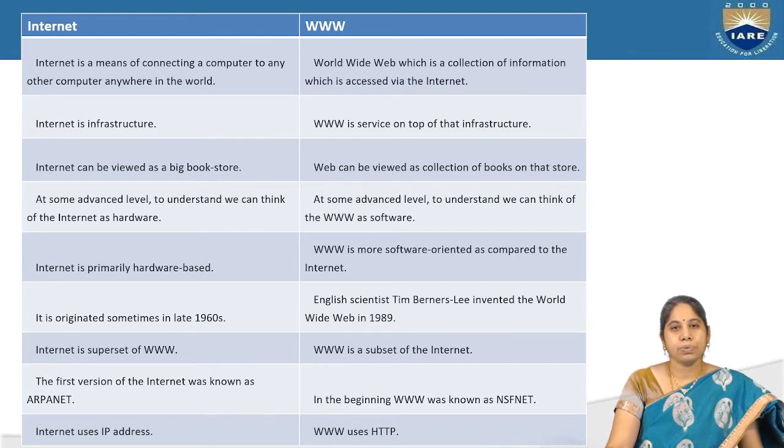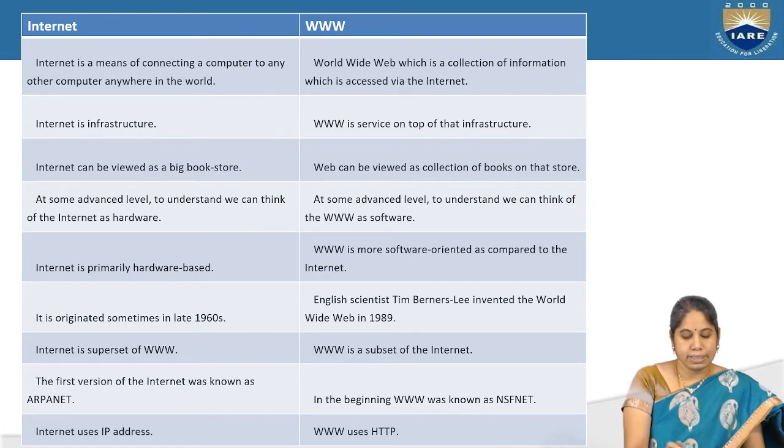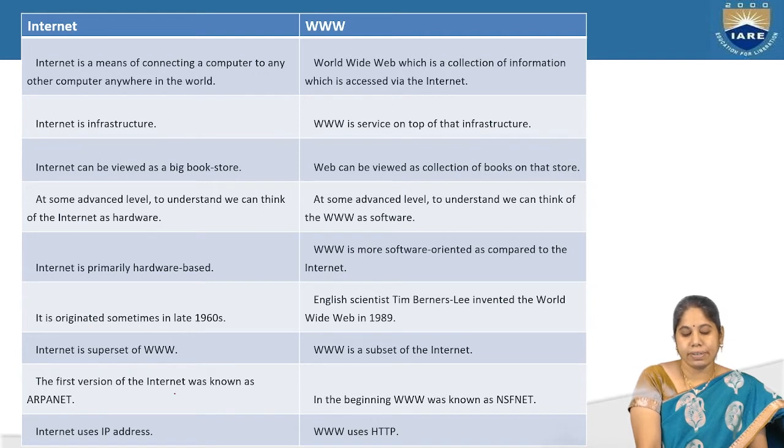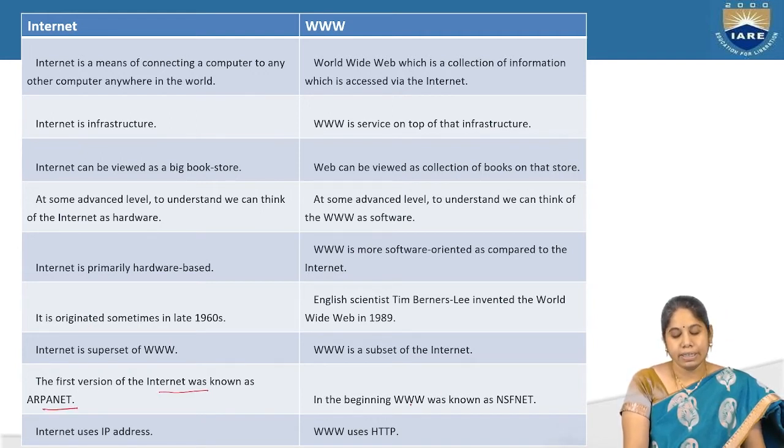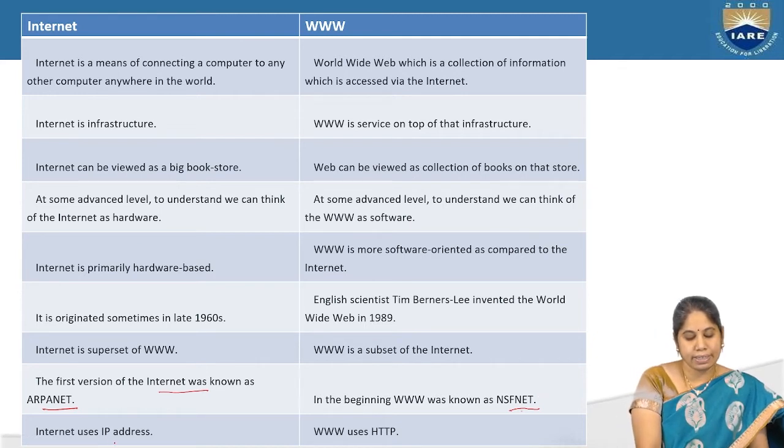The internet is a superset of WWW and WWW is a subset of the internet. The first version of the internet was known as ARPANET, and in the beginning WWW was known as NSFNet. The internet uses IP addresses. Later we will discuss what an IP address is.